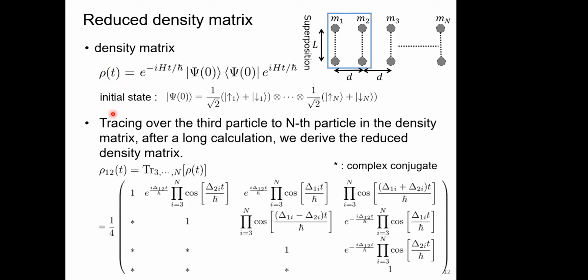So we take a partial trace over the third particle to the n-th particle in the density matrix. After a long calculation, we derive the reduced density matrix of the first and second particles exactly. Here the asterisk represents a complex conjugation.